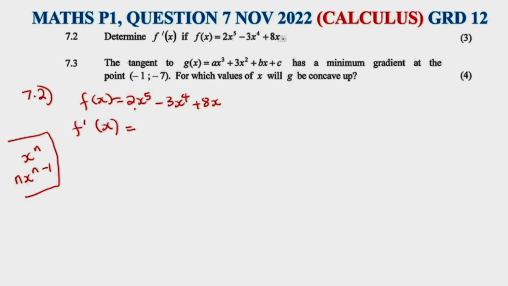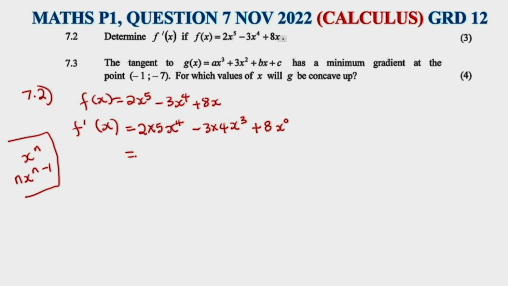We're going to bring down the 5, so it's going to be 2 times 5, for those that are still struggling. It's going to be x to the power 5 minus 1, which gives us 4, minus 3 times 4 x to the power 4 minus 1, which is 3. Therefore here you are going to have a 1, then it's going to be 8, then x to the power of 0.